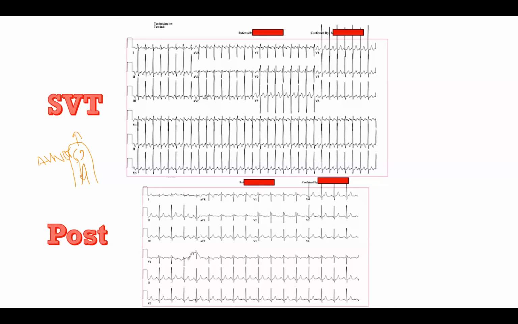We tried to ask the question, which lead was the best to figure it out? Or in other words, in which lead was the retrograde P wave most obvious? And it turned out that it was leads V1 and lead 3 that were the best.